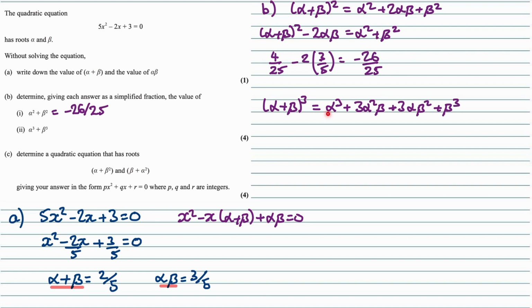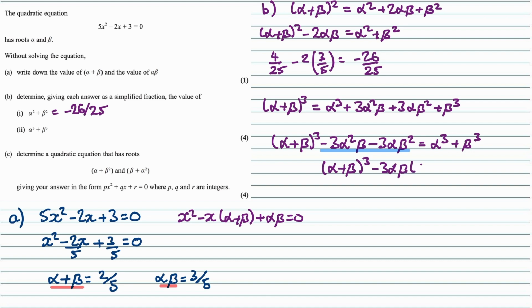And now we can make alpha cubed and beta cubed the subject by moving these terms over to the left-hand side. And we can factor out the negative 3 from these terms. We can also factor out an alpha beta. So negative 3 alpha beta, and we're left with alpha plus beta. And this will equal alpha cubed plus beta cubed.